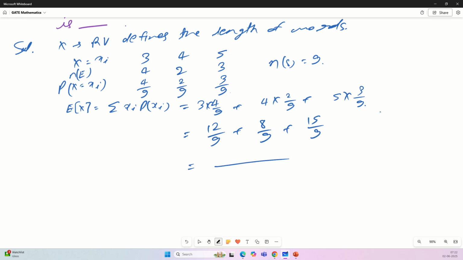That gives 12 plus 8 is 20, plus 15 is 35. So 35 by 9. This is approximately 3.88, so approximately 4 letters. Because letters cannot be decimals in a word, it will be 4. So the expectation of the length of the word on the piece of paper will be 4.